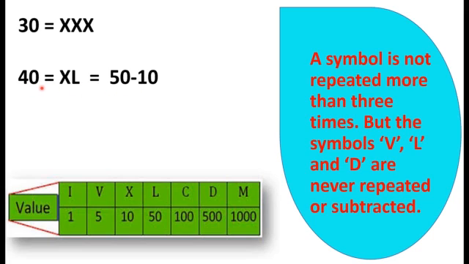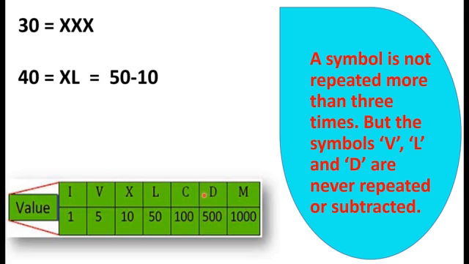Now you can see here, children, the symbols V, L and D are never repeated or subtracted. That means V is equal to 5, L is equal to 50 and D is equal to 500. So these three alphabets are never repeated. That means we can write them only once. And the next thing is that we can never subtract these alphabets from the other alphabets.